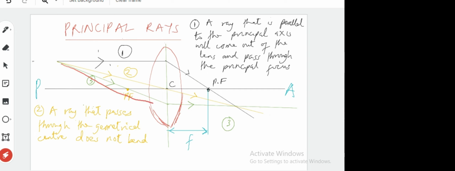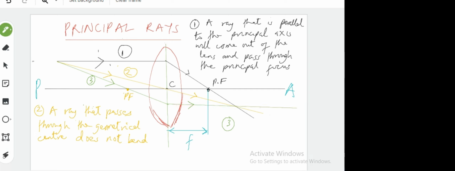That's number 1 you are reading now. I know it's not parallel, but where is it passing through? Remember, you are simply going to say a ray that passes through the principal focus will emerge from the lens and becomes parallel to the principal axis.